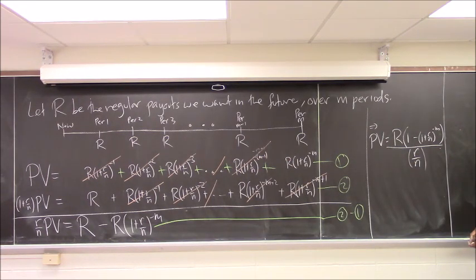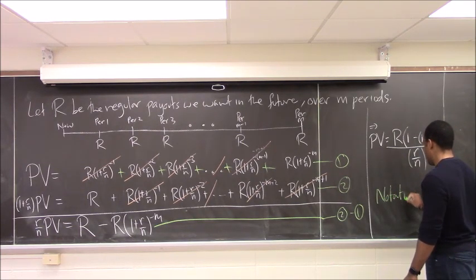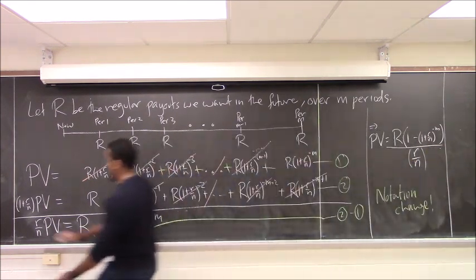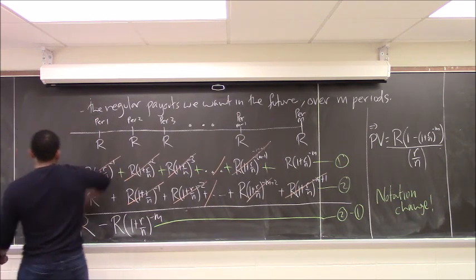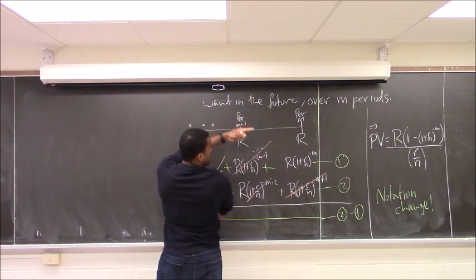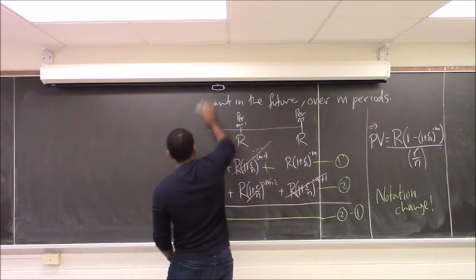Now, typically we have the usual notation change here to make things a little bit more intuitive. The R is usually abbreviated PMT, which stands for payments. Of course, the m we know is going to be n times t. That tells us the number of times we're being hit by interest.